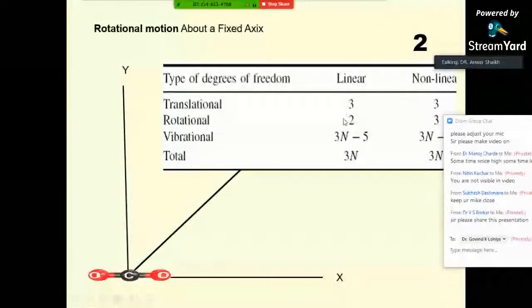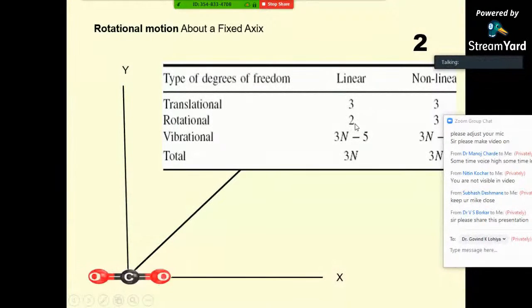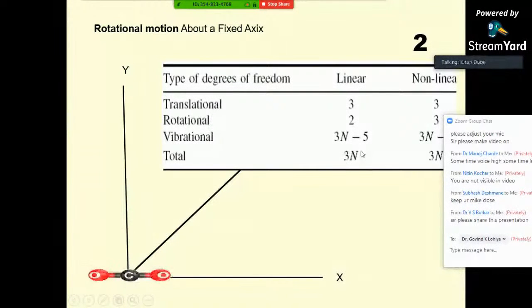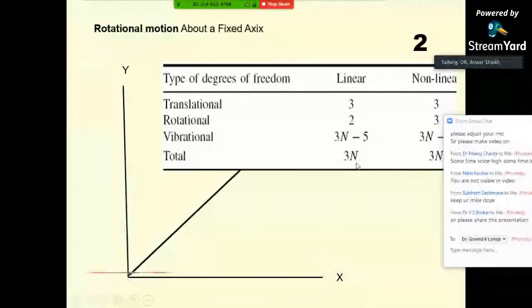If you want to calculate vibrational, I told you in the beginning that the total degree of freedom including translational, rotational and vibrational is 3n for a molecule containing n atoms. So to calculate vibrational, we just subtract the translational and rotational, 3 plus 2, which is 5, from the total.